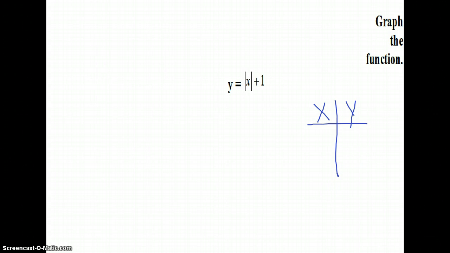You can replace x with any value you like. I'm just going to choose -1, 0, 1, and maybe +2. First up, if you plug in -1 in place of x, we have the absolute value of -1 plus 1.